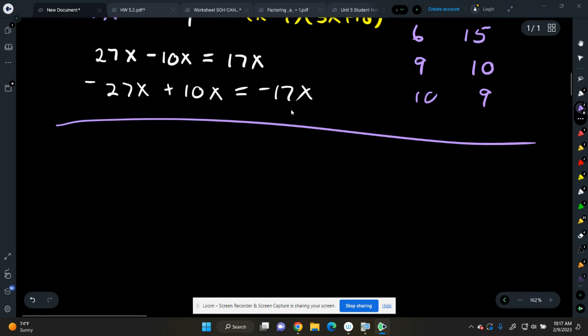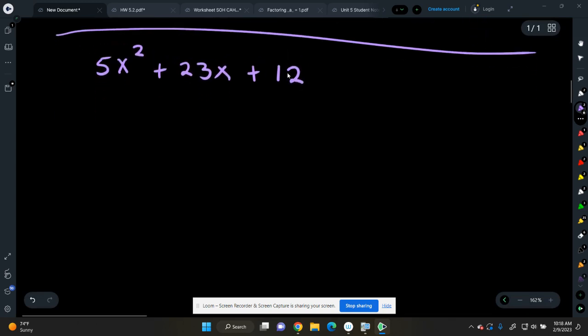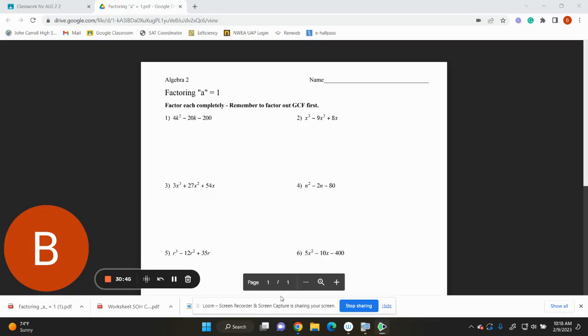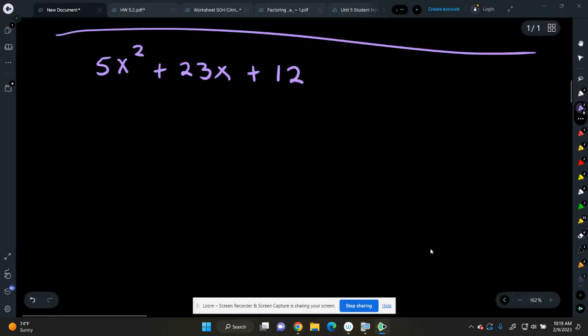Okay, let's look at 5x squared plus 23x plus 12. Try that by yourself. Okay, let's do it together.